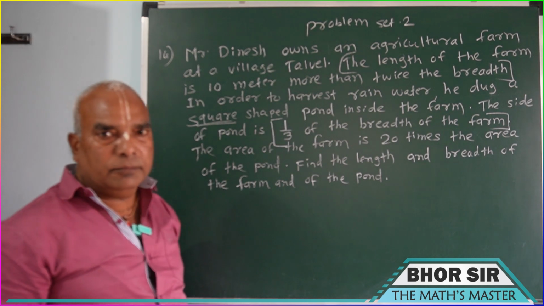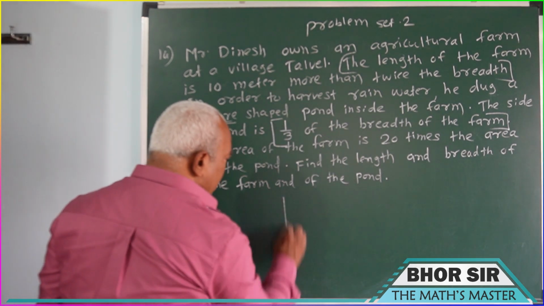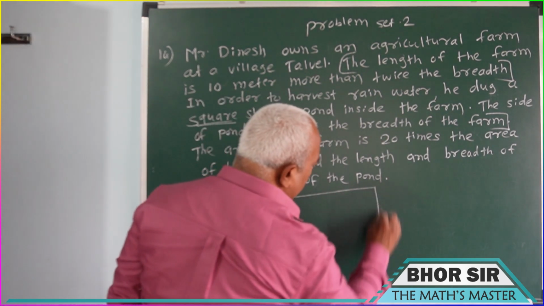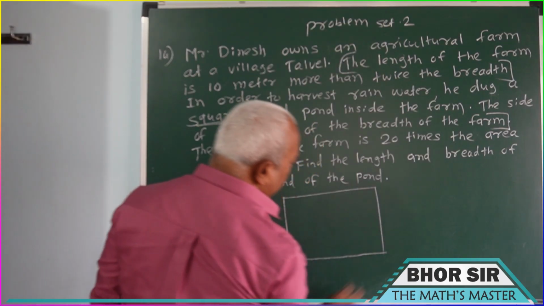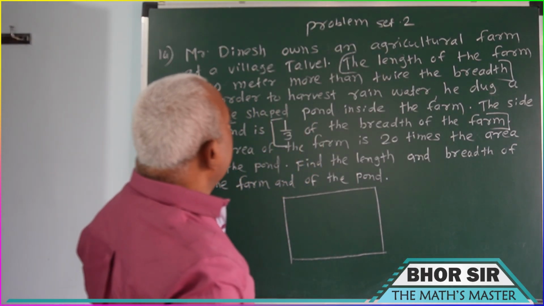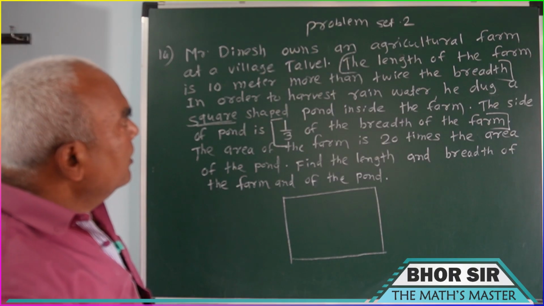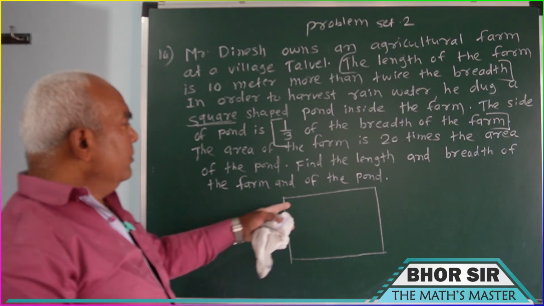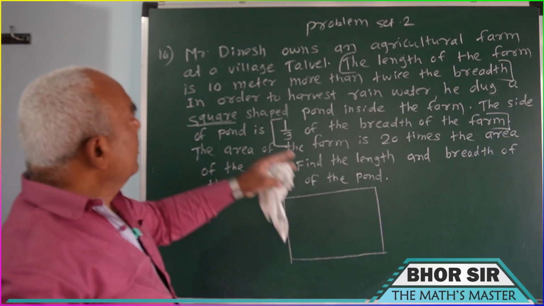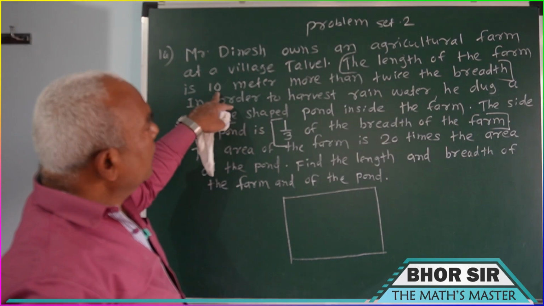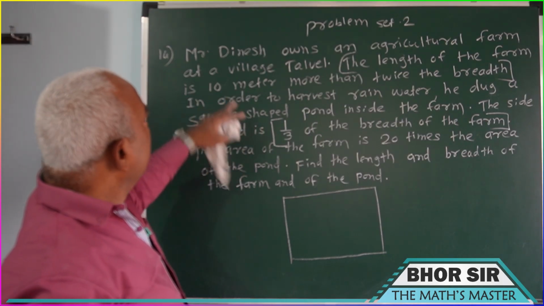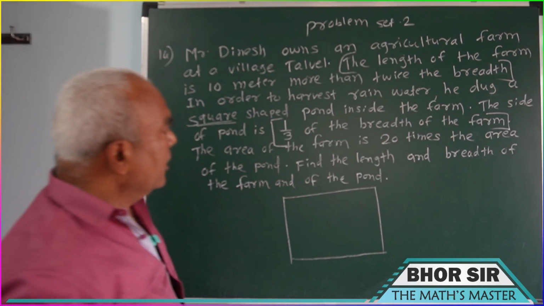See now here. Suppose this is that farm. The length of the farm is 10 meter more than twice the breadth.